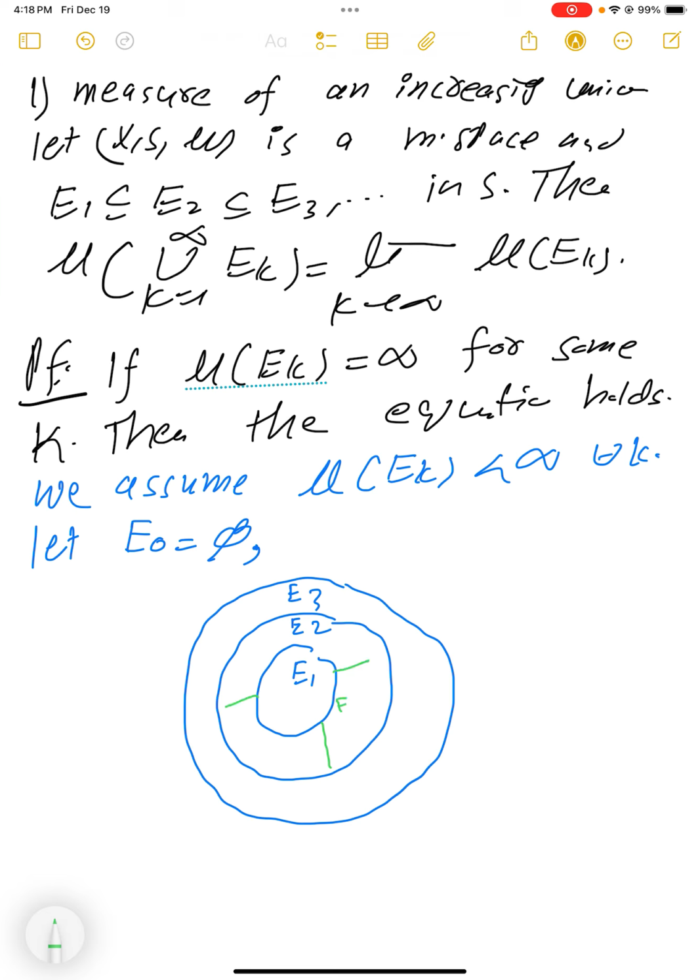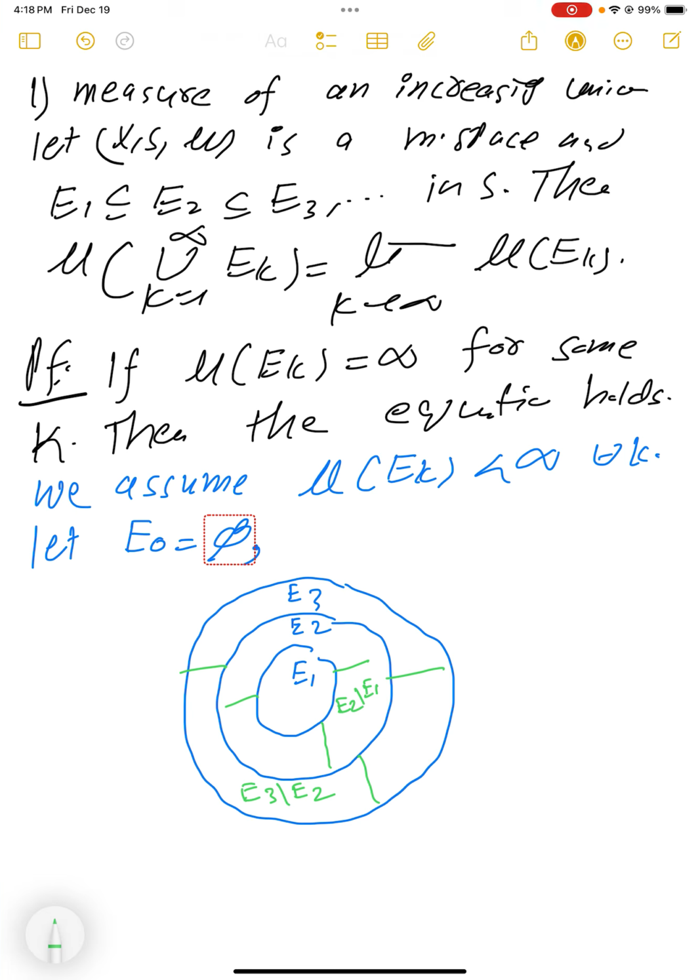This is nothing but E2 difference E1, and this area is nothing but E3 difference E2, right? And if we keep going, then we will have a sequence of disjoint sets, and the union will be actually E_k.